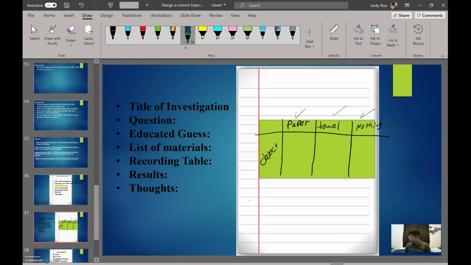Now here's the experiment. You're gonna have an object. Imagine this is really big and heavy. You're gonna slide it across the hallway or into the classroom, first with butcher paper. So imagine this is butcher paper.